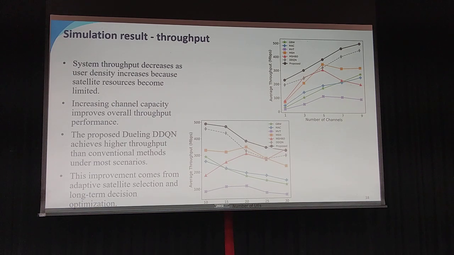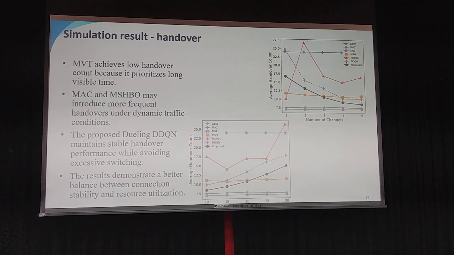So the two metrics we can compare jointly. My question is, in the throughput, you have the best performance because your throughput is better than the others. But in the handover number, you did not achieve the best, right?